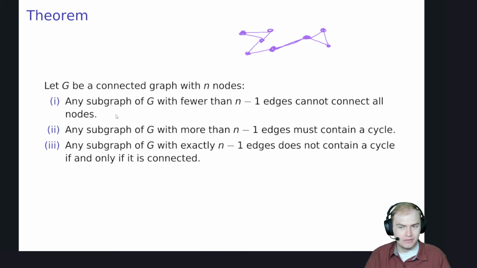And any subgraph of G with exactly n-1 edges does not contain a cycle if and only if it is connected. We'll talk about what this means for our algorithm in a second. First, I want to show an example to convince you that these are true.